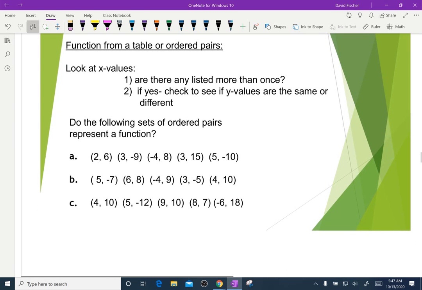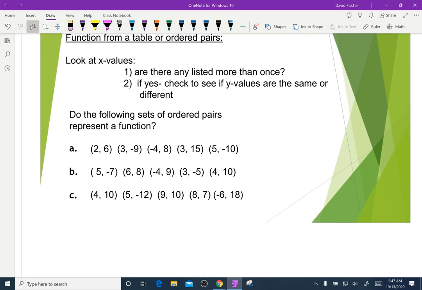Now, it's a little bit harder when they give us coordinates like this to decide whether it's a function or not. Remember, a function is any time every x has to have one and only one range value. So x's are our domains, and what I do when they give me a chart like this, all I'm looking at is my x's. I don't care about my ranges.